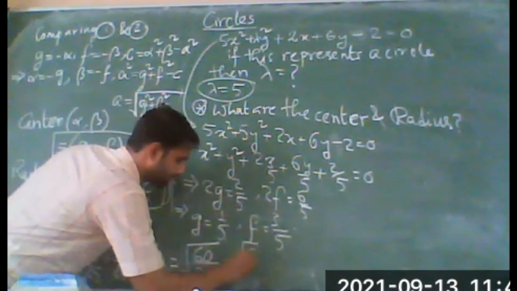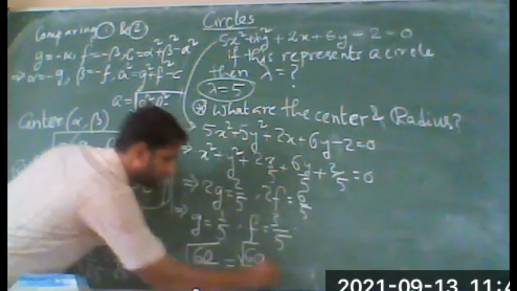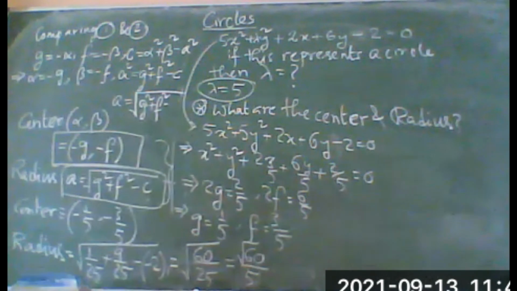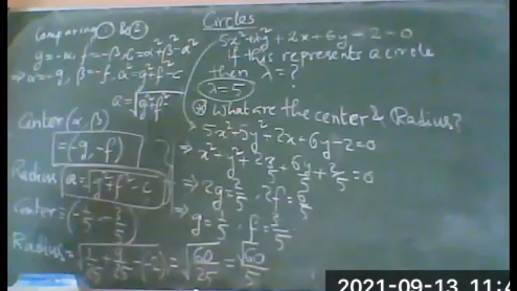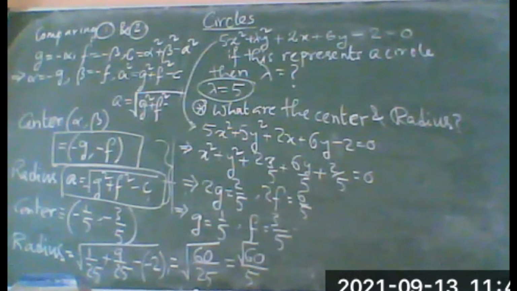We can write it as root 60 by 5 only. So this will be the radius of the circle. Is it okay? Yes, sir. So this is the way that from the general equation we can find the center and the radius of the circle easily.